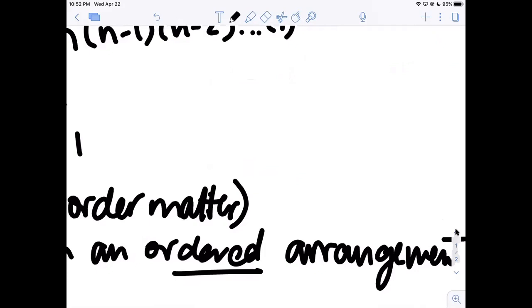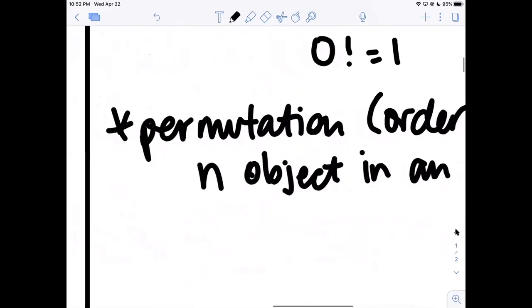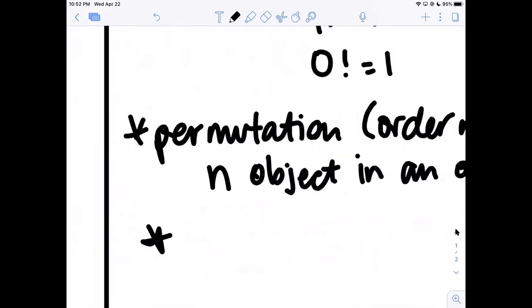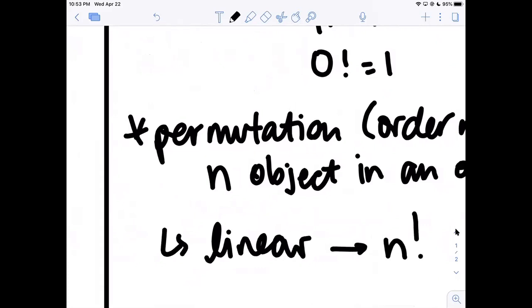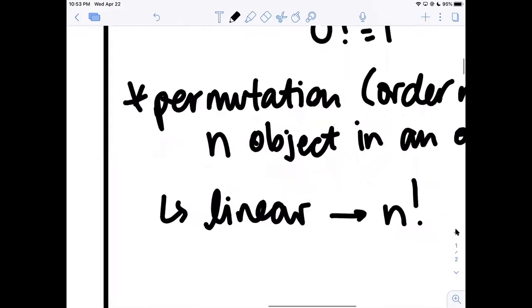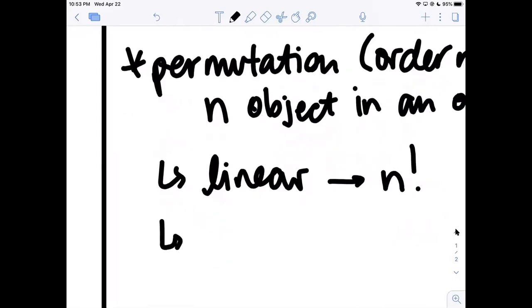If you're just putting things in a linear arrangement, like ordering 1, 2, 3, 4, you usually just do the number factorial. Hopefully we'll look at an example. If not, when you get to your homework, you'll see something where you're putting things in a linear order, like ordering 5 books in a row.